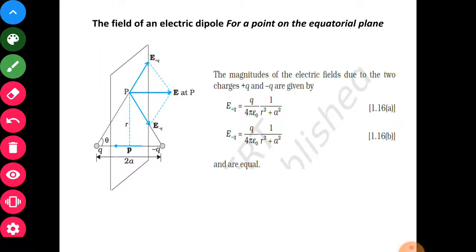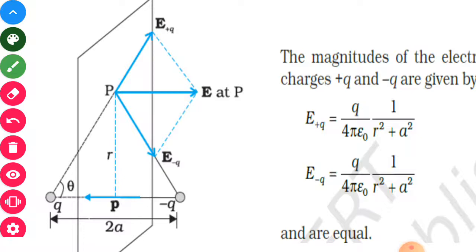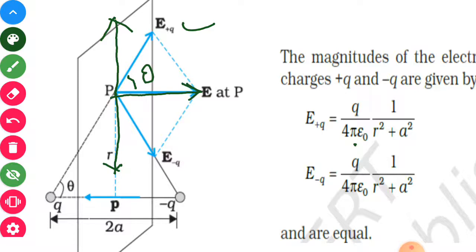These components, that is E plus Q sine theta and E minus Q sine theta, have the same magnitude in opposite directions, so they will be cancelled out. Only these two components, E plus Q cos theta and E minus Q cos theta, are in this direction and they will be added.